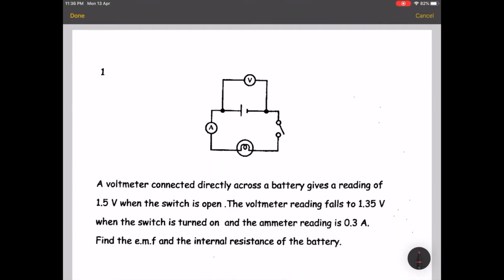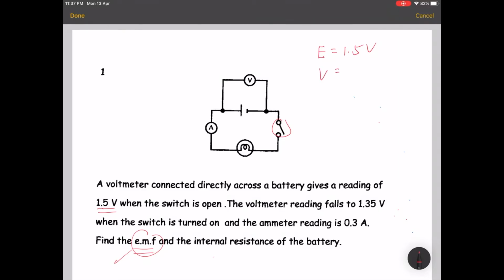If you read the question carefully, a voltmeter connected directly across the battery gives a reading of 1.5. And you can see the switch is open, right? So straight away you know your EMF is 1.5 volt. And therefore you already answered this part. So jot down whatever information is given in the question.